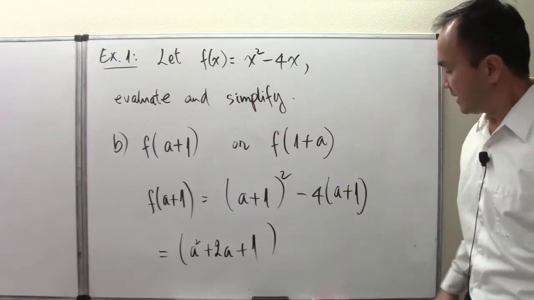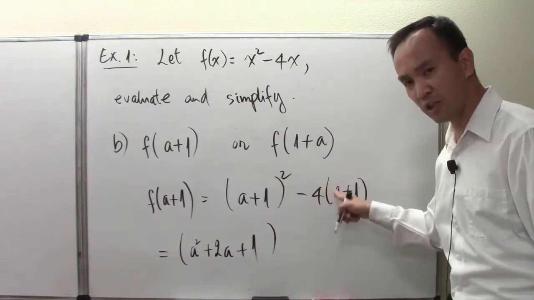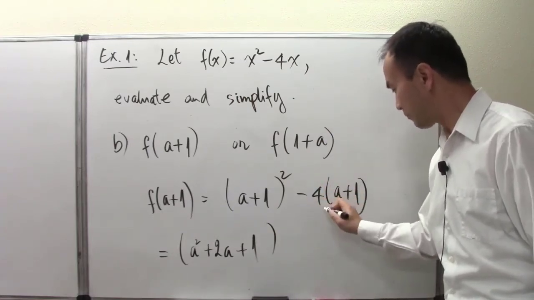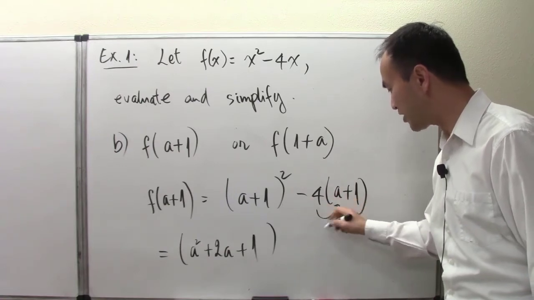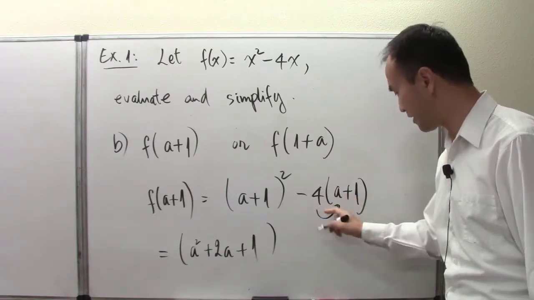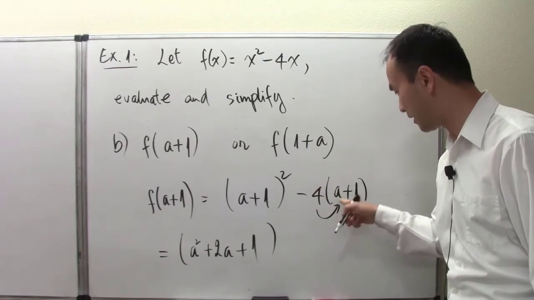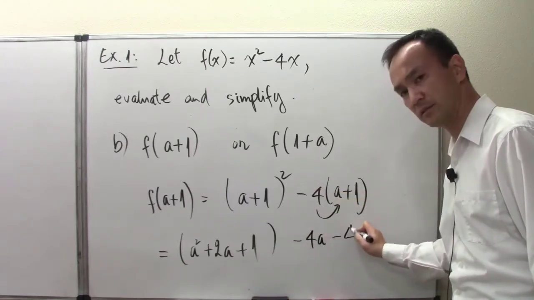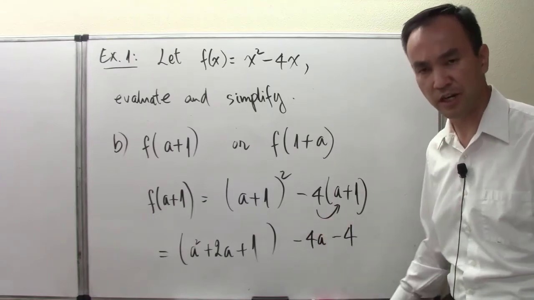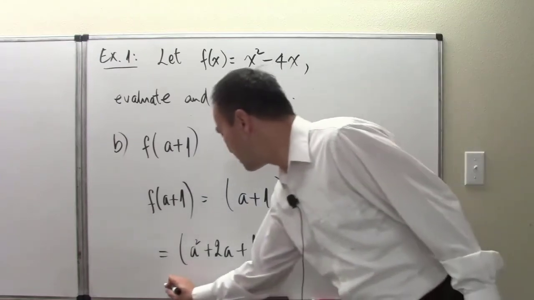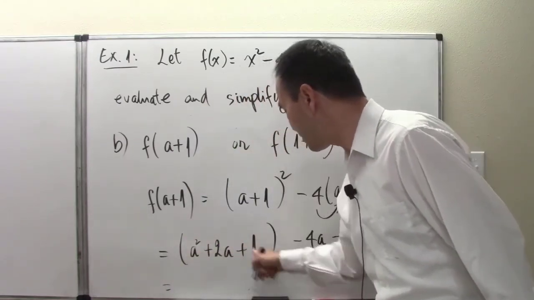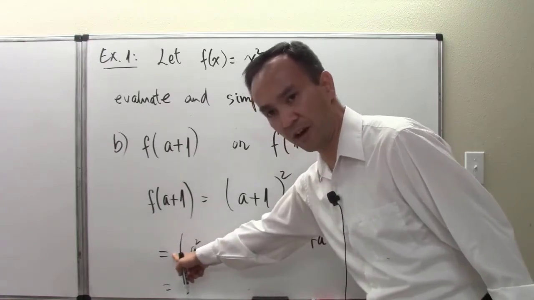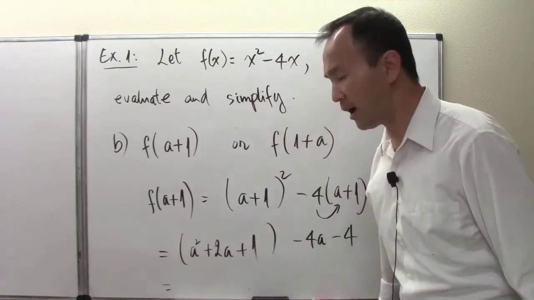Now it's small steps enough that I'm going to start distributing that 4, but watch out for the sign. It's actually negative 4. So as I'm distributing that negative 4, it's going to become minus 4a minus 4. Sign operations. And now I'm going to safely remove the parentheses, because in front of my parentheses it's just a positive sign, right?